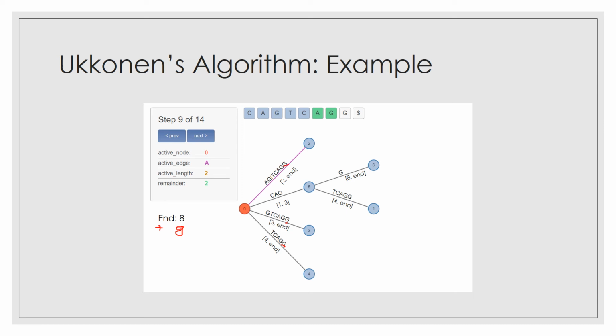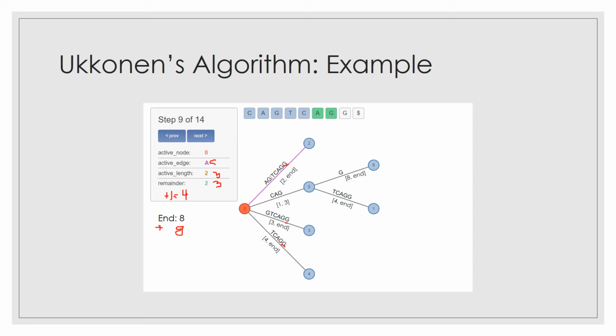But here something happened. Before we were on edge C, 3, and remainder 3. Now we're adding, it becomes 4. So we add plus 1, making the remainder 4. Right? So we were at 3.